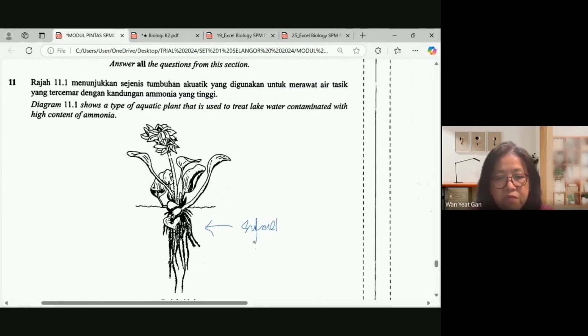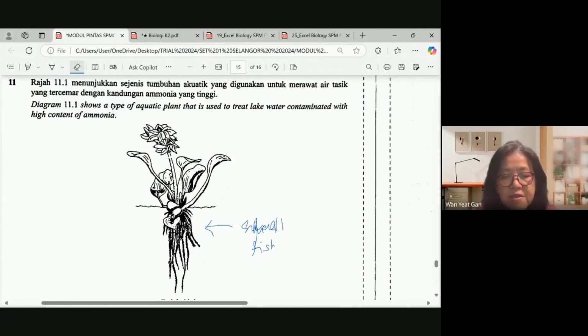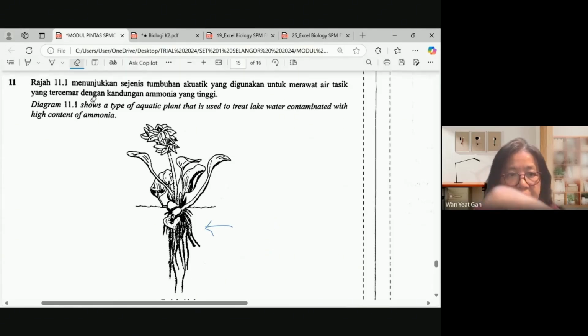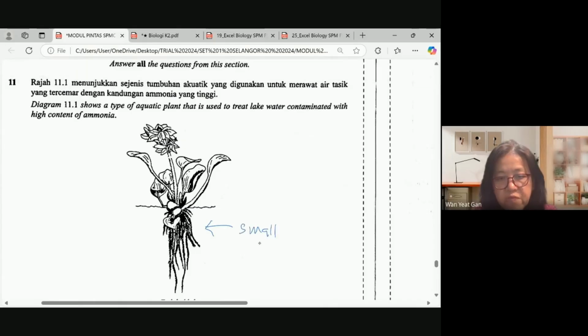Okay, small fish, and this small fish will then be eaten by larger organisms like the bigger fish. So in this way, you'll find that the small fish is eaten by the big fish.